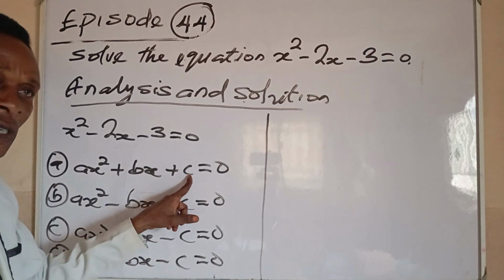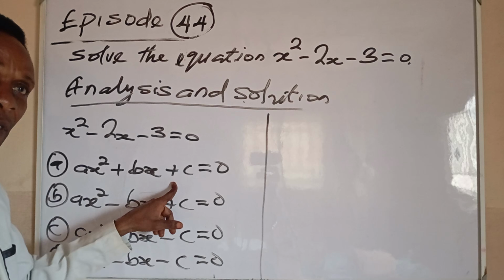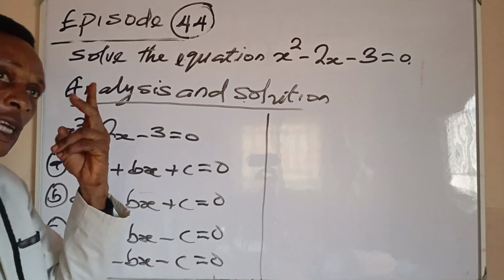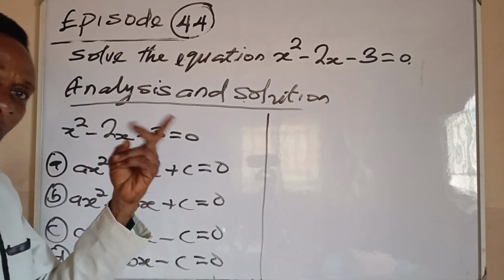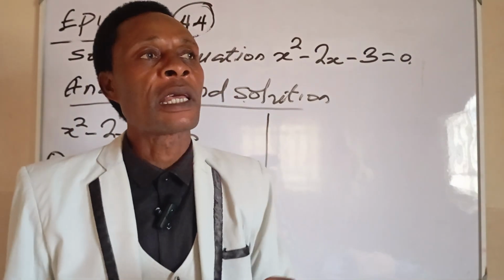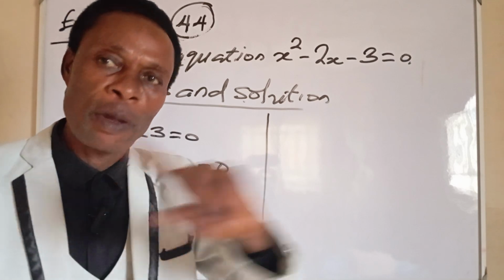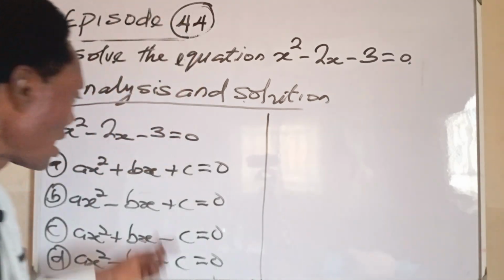When the constant is preceded by positive, the two possible factors you consider will have the same sign, and the sign will be positive, positive.